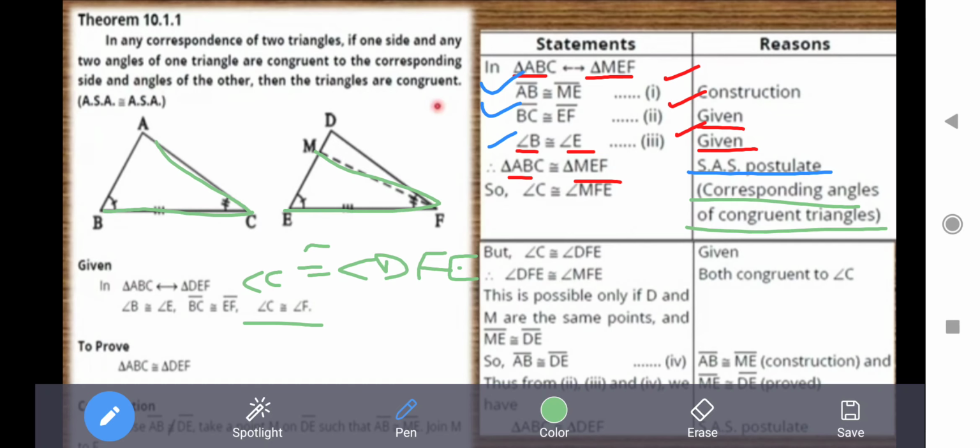Now after this, when we get this thing, for example, if I write angle C is congruent to angle DFE, this was in the given, you can see.